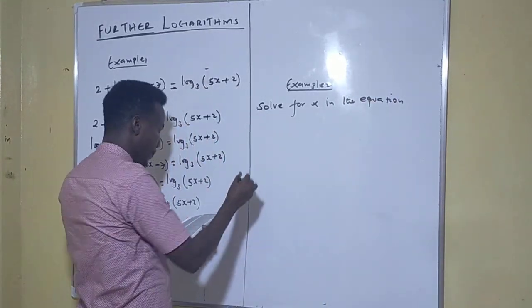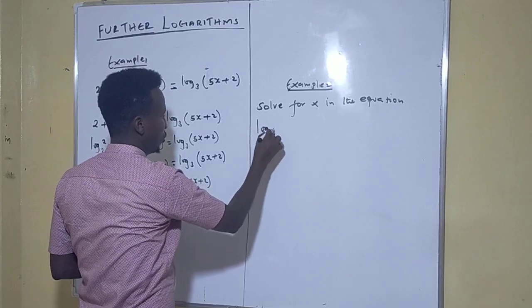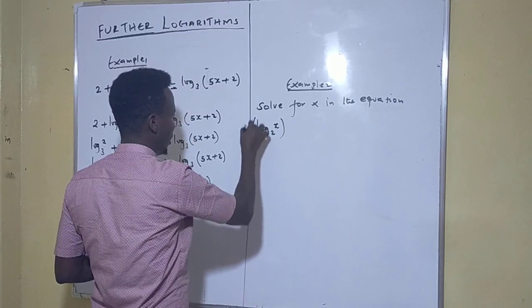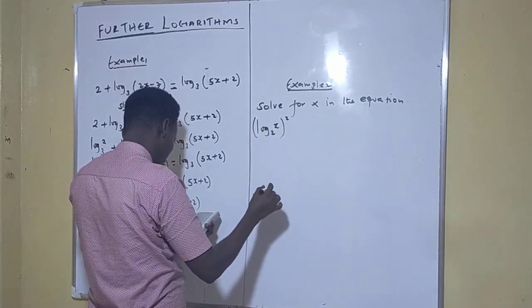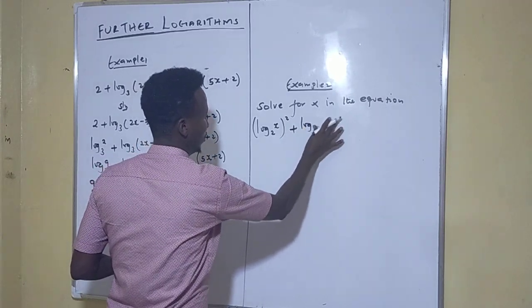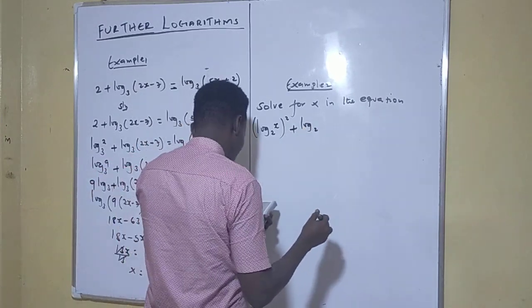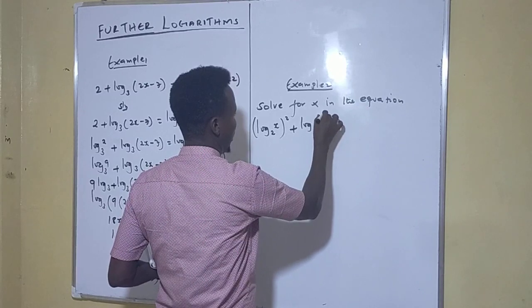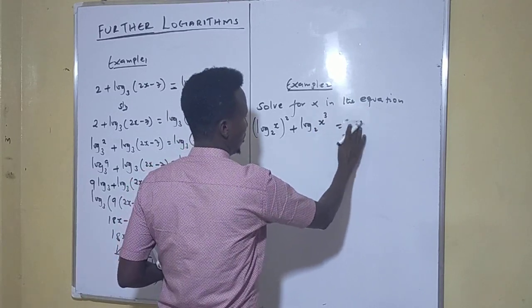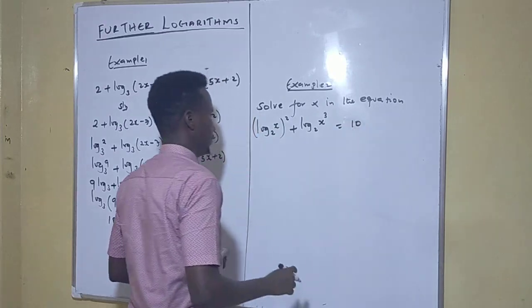This is the equation: log base 2 of (x) in brackets, squared, plus log base 2 of x power 3 is equal to 10.